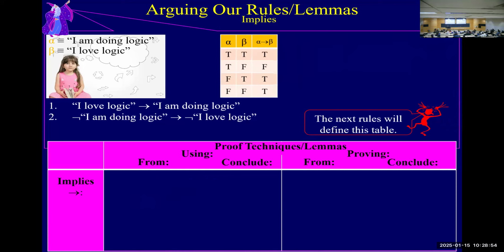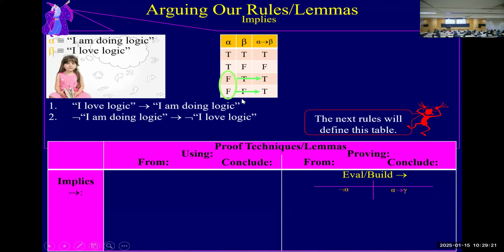And this is kind of what we did before about defining the table. We're doing it just the same way as before. If beta is true, then you've got it for sure. And if alpha is false, then you've got the implies for sure.